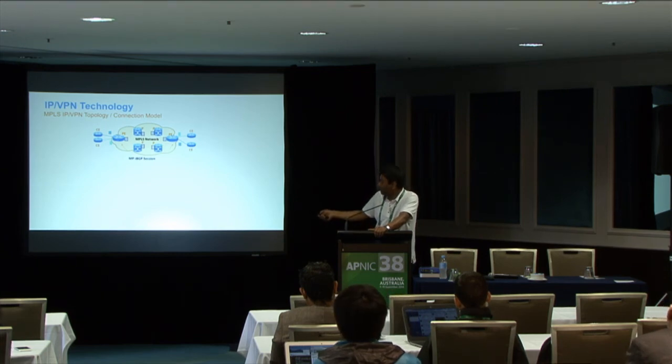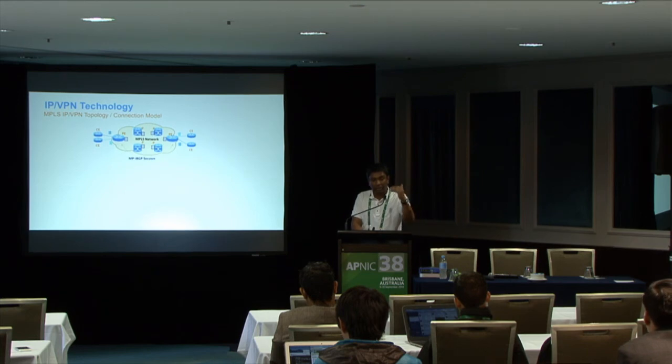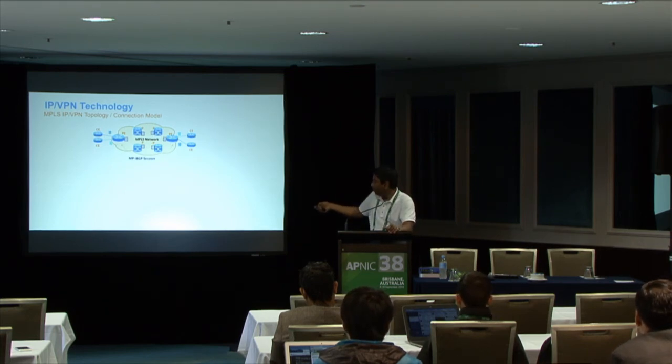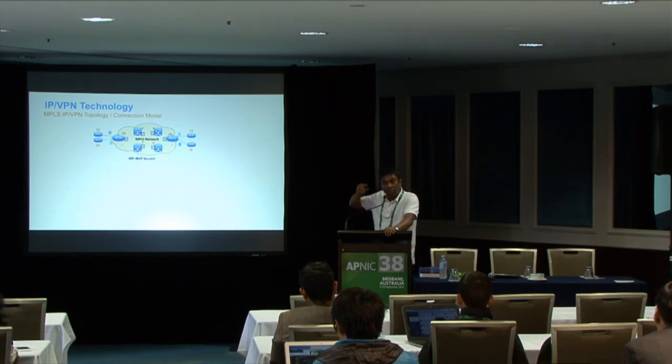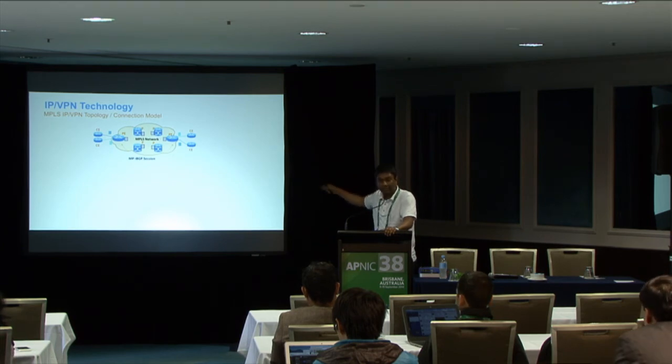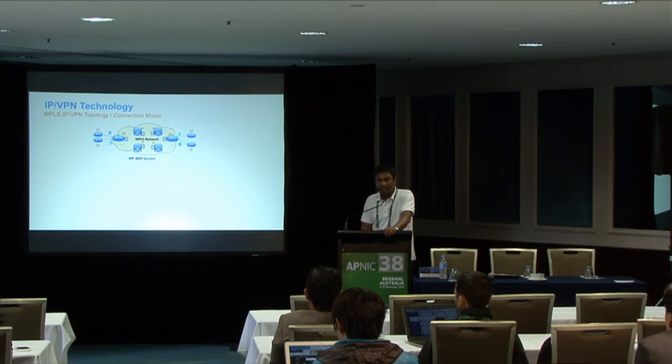When the prefix comes from this side to the other side, we need to make sure of the correct VRF. The RD that we have added is only used within the infrastructure, and when that prefix goes to the egress PE router, we need to send it to the corresponding VRF on the other side, where we have the other site of the same customer. That is done by RT, route target.